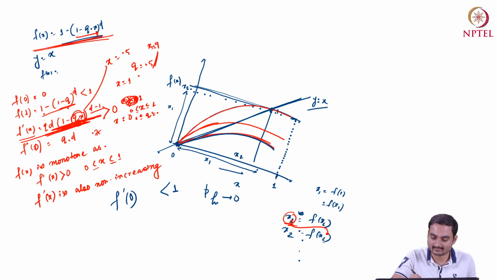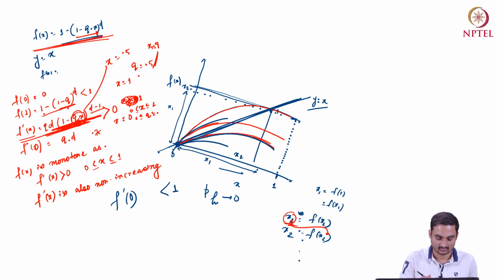Think about it. At this point, the slope of y equals to x is 1. The slope of any line or any curve above this would be greater than 1. And any line which is below y equals to x would have slope less than 1.